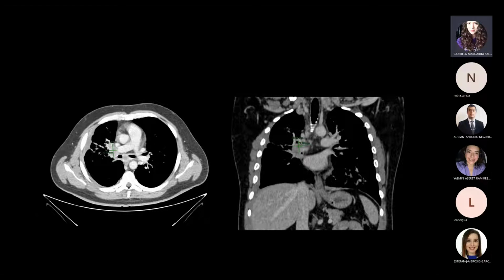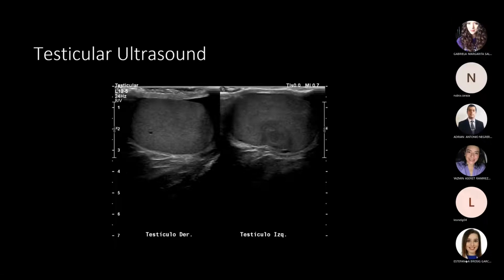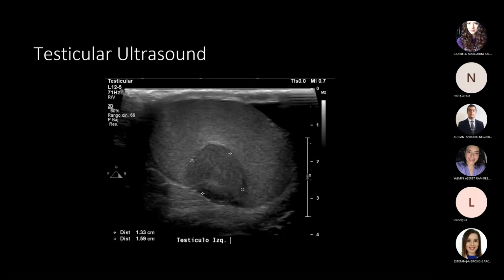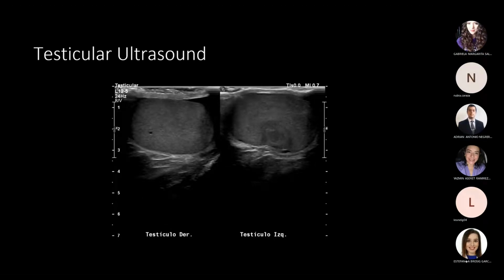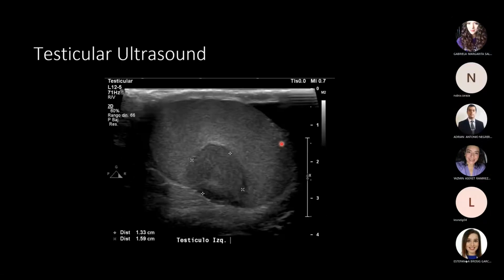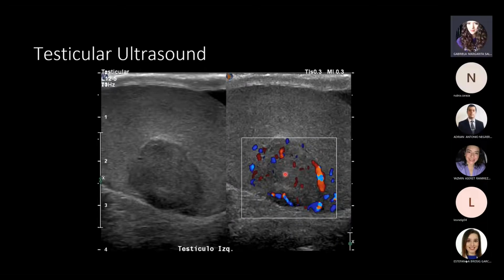So with the finding of the testicular mass, a testicular ultrasound was requested, and we can see in the left testis an oval image with well-defined borders, with heterogeneous echogenicity and predominantly hypoechoic, with color Doppler assessment, suggestive of a neoplastic process.